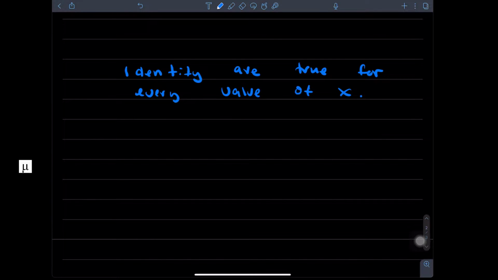Or if your variable is theta, or if your variable is alpha, or if your variable is beta, okay? All those things. This is identity relationships here.